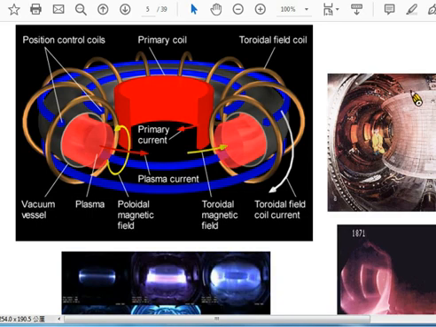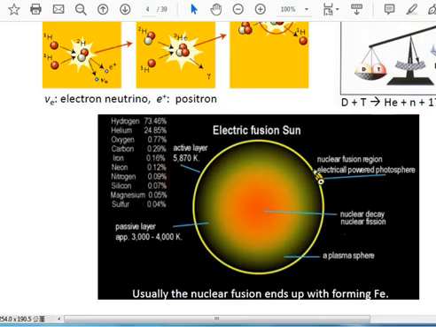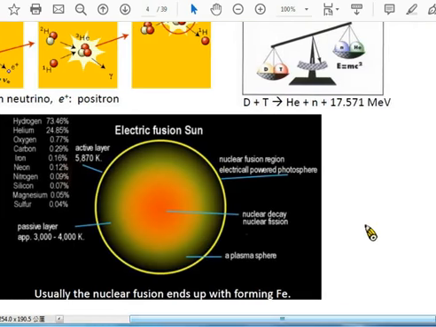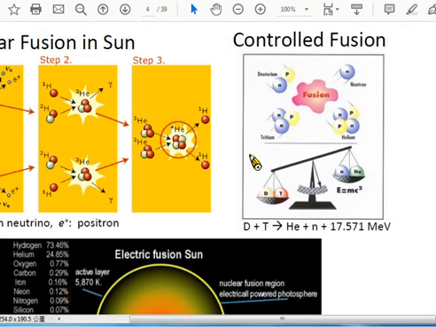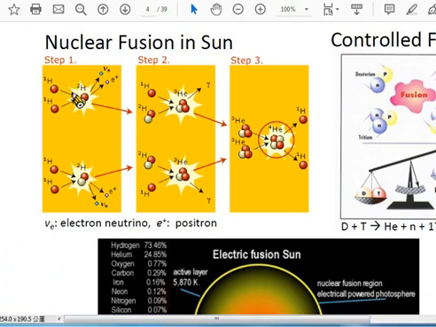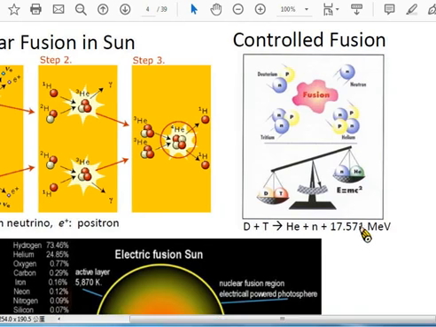And this collision will undergo the fusion process, just like the fusion process at the center of the sun. The fusion goes from two protons to deuterium, to tritium, and then the collision, the final product is helium, and this process will generate an enormous amount of energy.